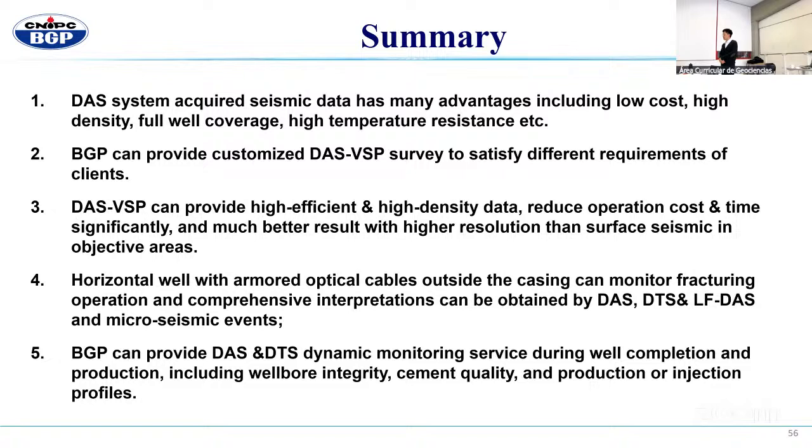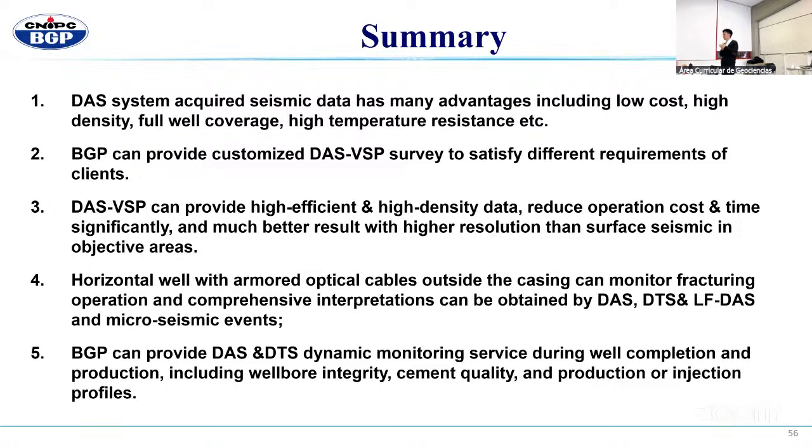Yes, the DAS VSP. Because you have high density, high sampling rate, 1 millisecond in time and 1 meter in depth, you have very high density data in both time and depth. And this is what we use in some processing methods to enhance the quality of the data.